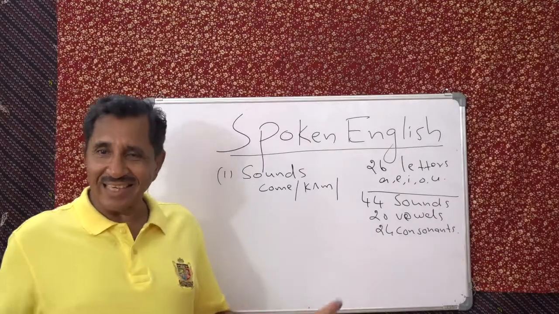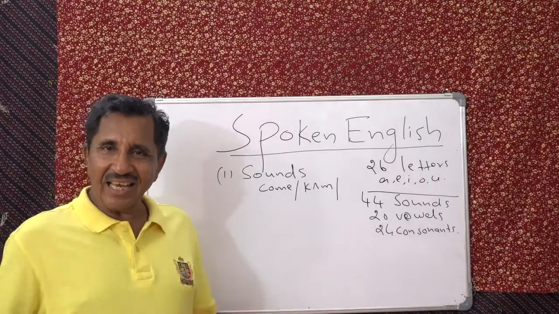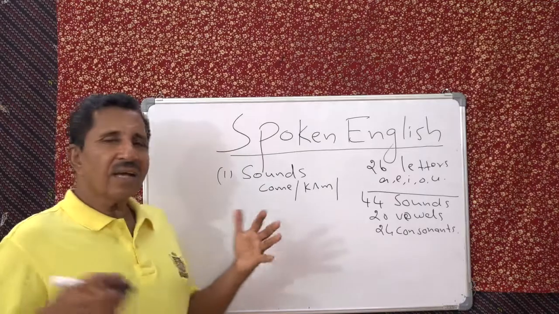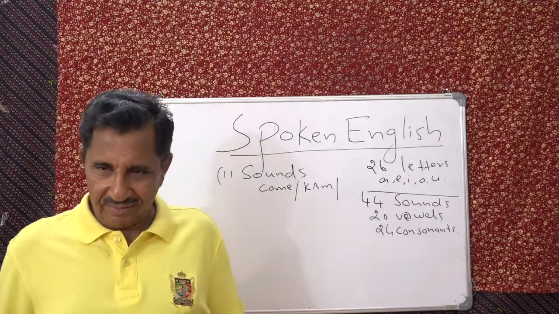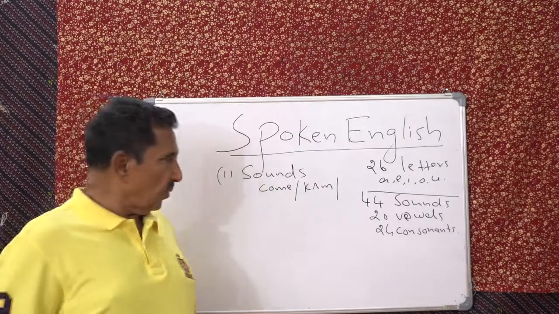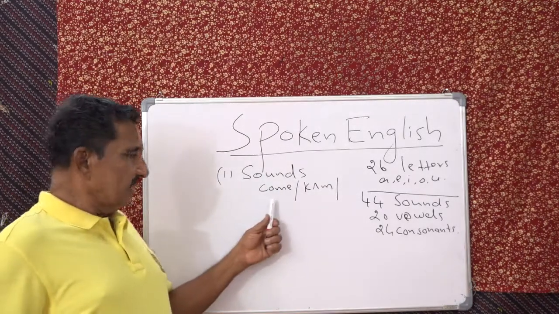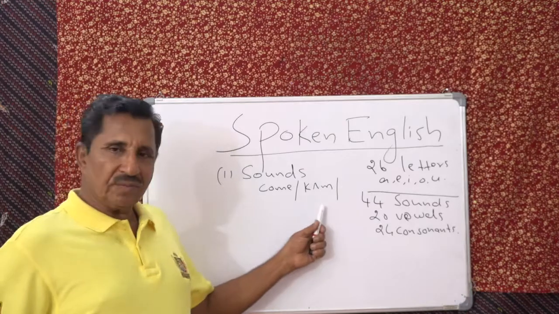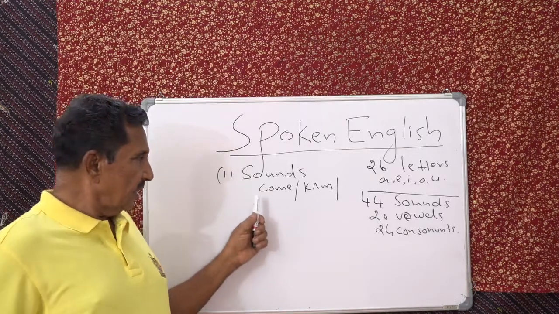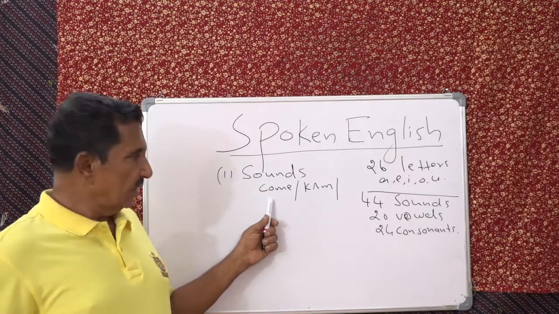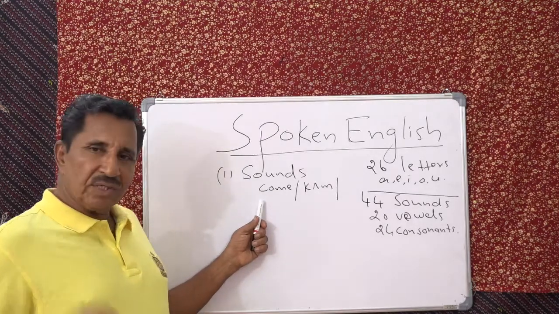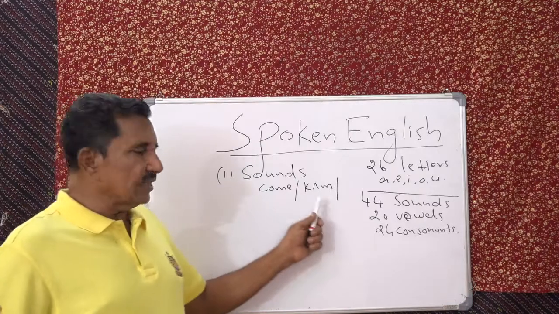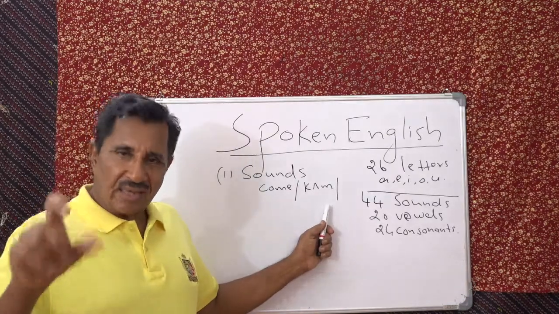The letter E is silent here. So we say come. What you hear is come, not coming. Understand? So now when you write, this is spelling, this is sound. This is one way of writing, this is another way of writing. This is writing using letters and this is writing using sounds.